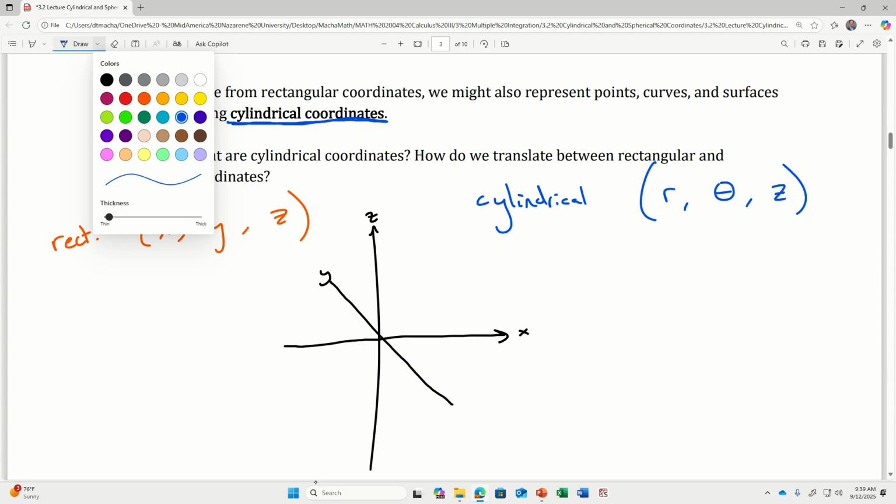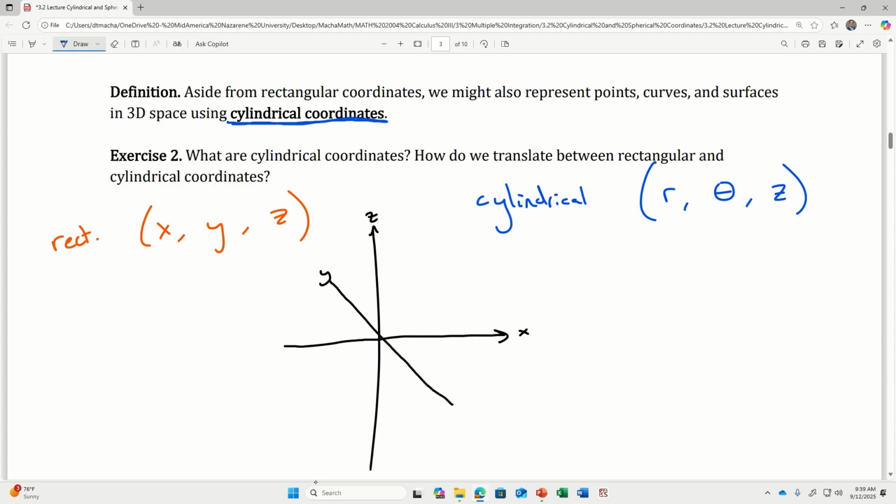And importantly, remember r in polar coordinates was the distance from the origin, but now r is going to be the distance from the z-axis. So if my z-coordinate changes, it will not affect the lowercase r value. r is not the distance from the origin, it's just the distance from the z-axis.